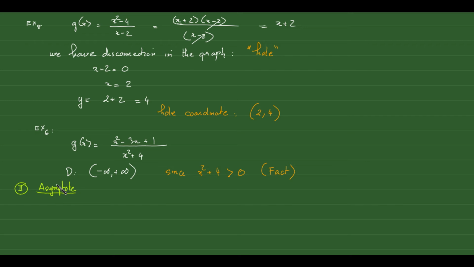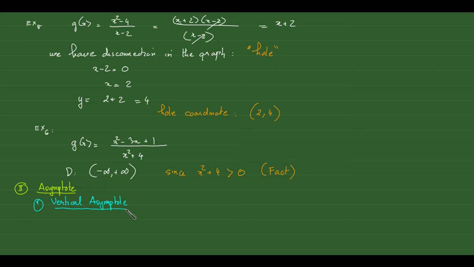Before we investigate whether or not a rational function has an asymptote, let's see what we mean by asymptote. Let's talk about the first type, which is the vertical asymptote. What is a vertical asymptote?